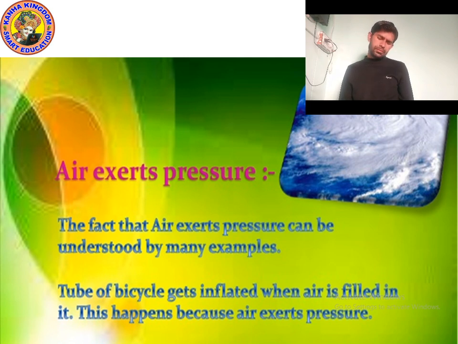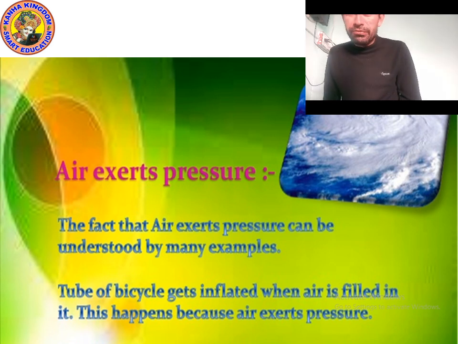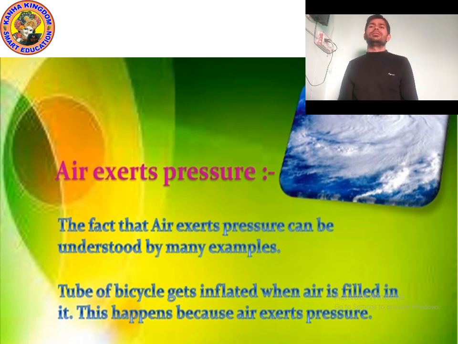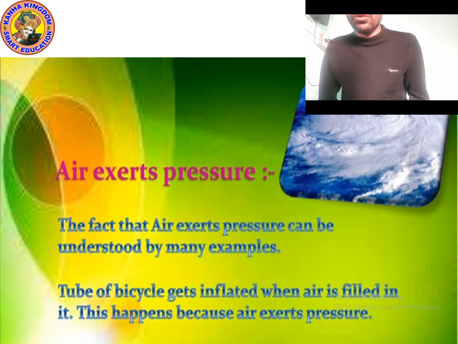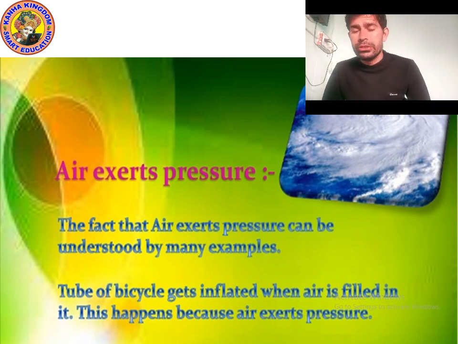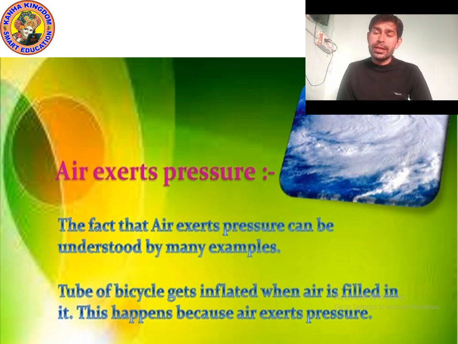Even the sailor who sails their boat, when wind is flowing, finds it difficult to move the boat against the wind. If you are riding a bicycle, you might have felt that it's difficult to move against the direction of wind. It will go in the direction of the wind.